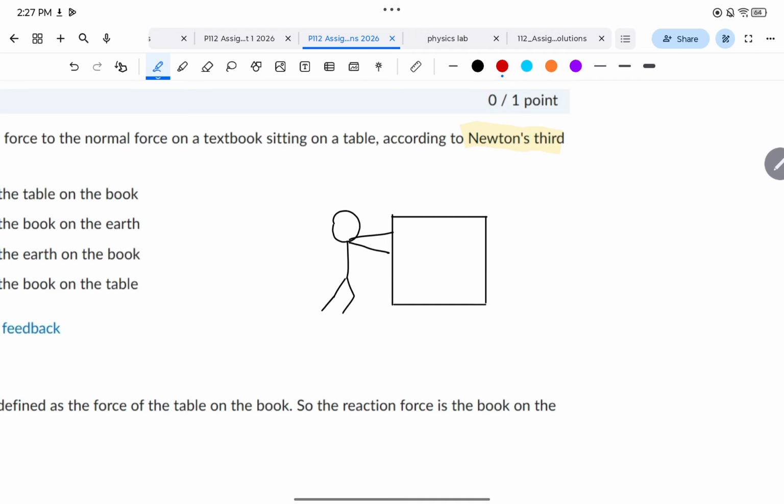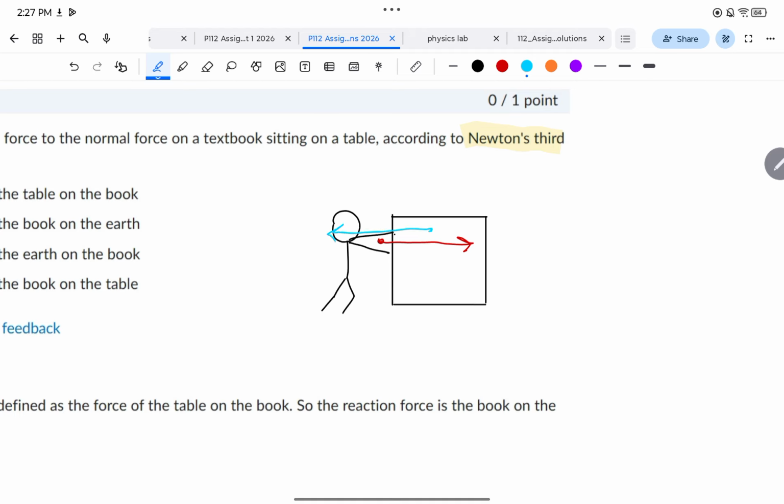This person is pushing on that box, so it's trying to exert a force this way. But the box will have to exert an equal amount of force on that person going this way. Let me make that a different color, going this way.